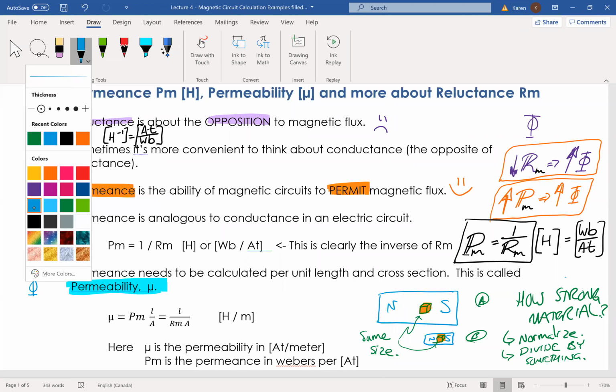So the equation for permeability is length over reluctance times area. That's our equation for permeability. So permeability is a measure of permeance that is normalized for a certain size.